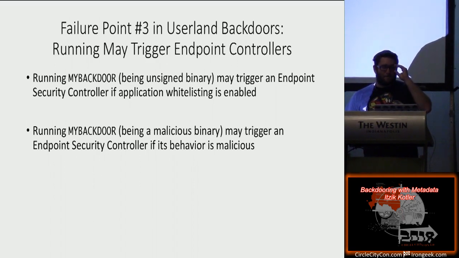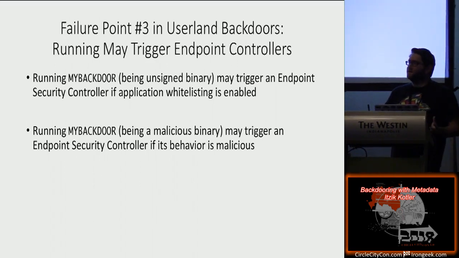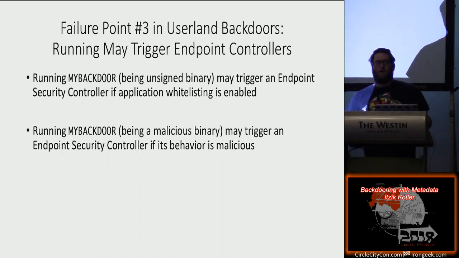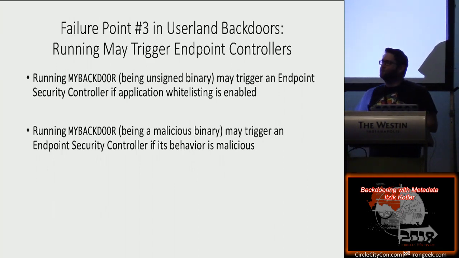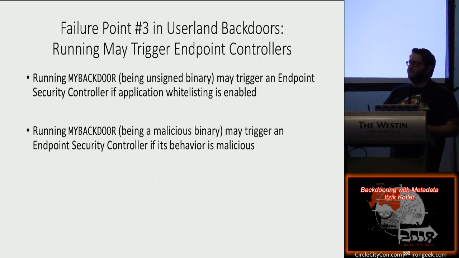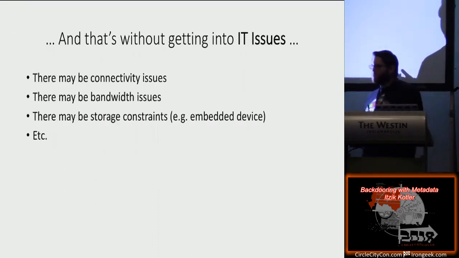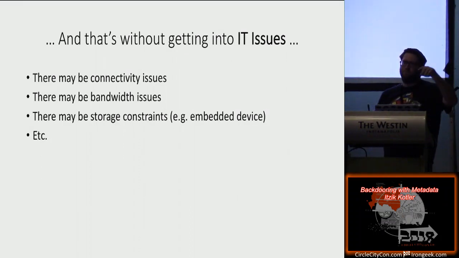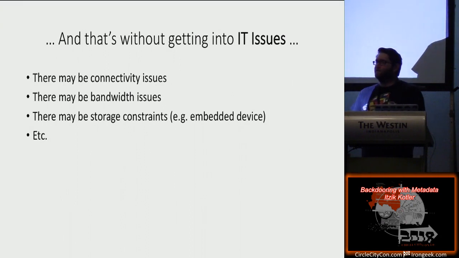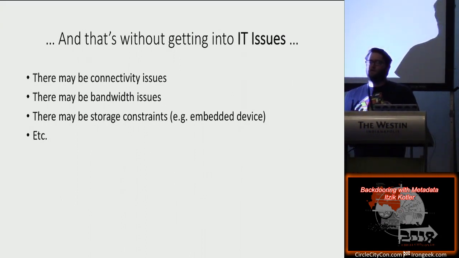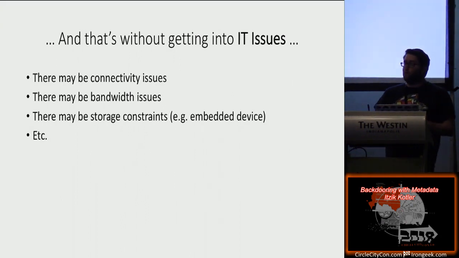And even if we're not whitelisted on the machine, even if there are no whitelisting solutions, running it may call for other processes to look at that and say, hey, we never saw that before, let's examine what this process does, and that can come up as a flag. So these three typical issues, downloading, saving, and running, that occur after you post-exploit a machine, could become a trigger that you want to avoid.